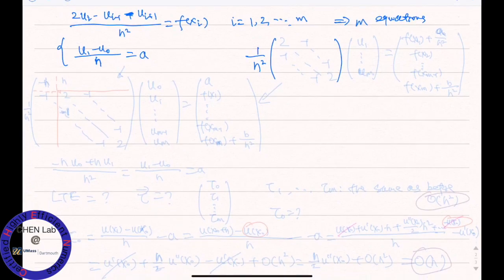Before, remember, what we had is u1 to um, and here we have 2, negative 1, negative 1, negative 1, negative 1.